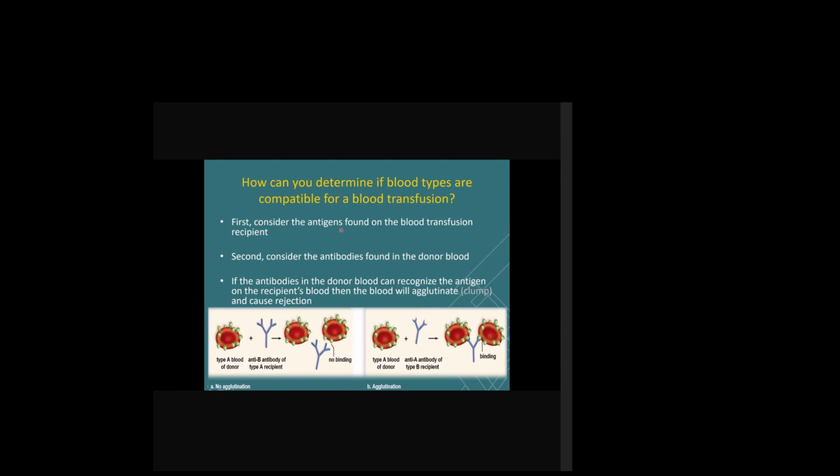I say first consider the antigens found on the blood transfusion recipient, who you are giving blood to. Second, consider the antibodies found on the donor, who is giving the blood. If the antibodies in the donor blood, the person giving blood, can recognize the antigen on the recipient's blood, then agglutination happens: the blood would clump up, causing a rejection.